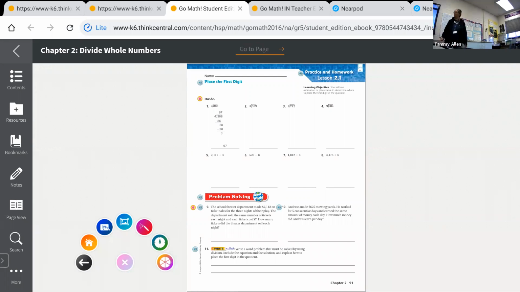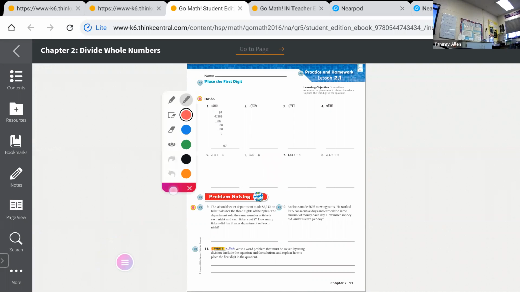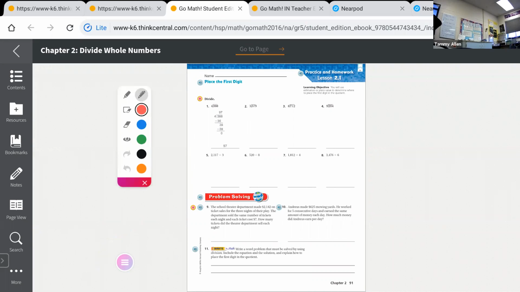Number two is 579, and you were dividing it by 3. 579 divided by 3. For an estimate, I would have done 600 divided by 3 is 200.